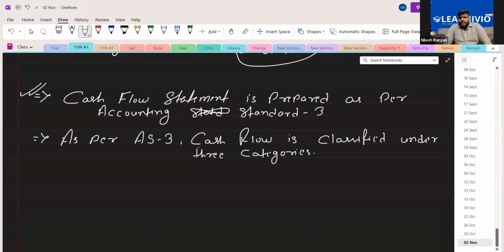There are many such rules and regulations created by the government to give guidelines to businesses so that they can follow them and prepare the cash flow statement or other statements. So these are rules and regulations, you can say.